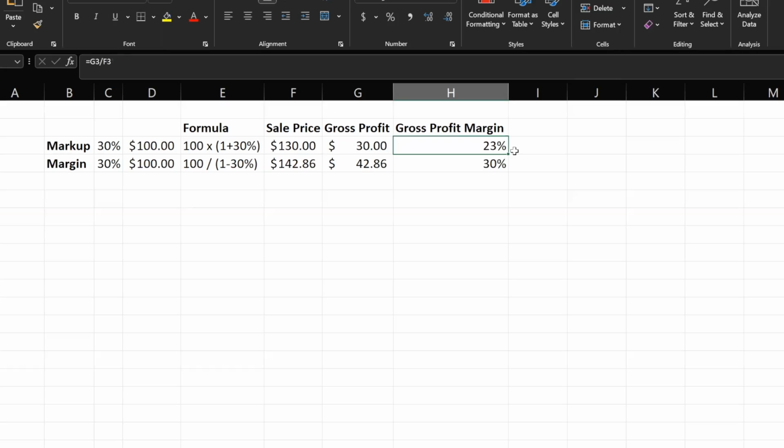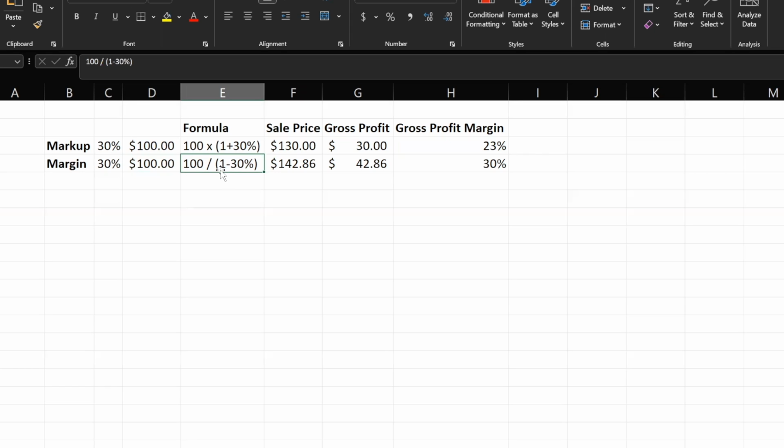Now, what if you said, well, I want to get a profit margin of 30%? What would be the formula and how would you determine that? Well, same thing. We're starting with something that costs us $100. But in this case, what we will do is we'll take that $100 and divide it by 1 minus the 30%.